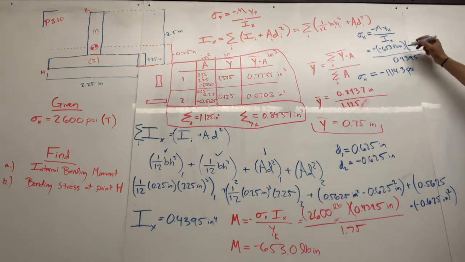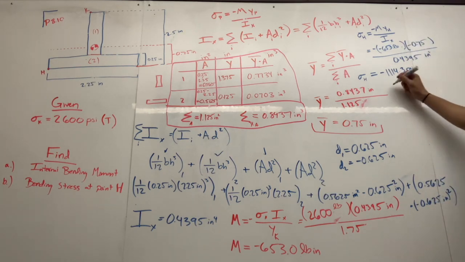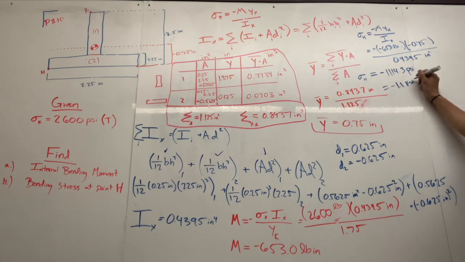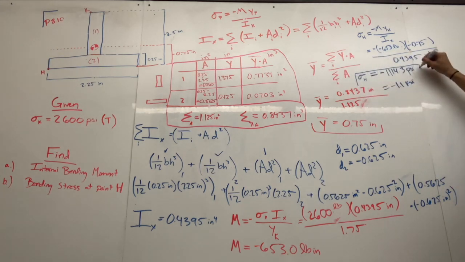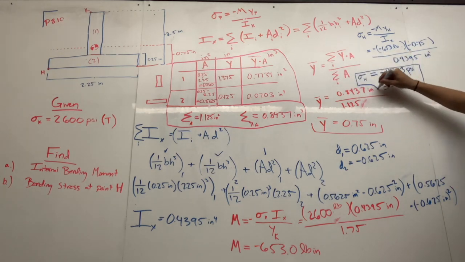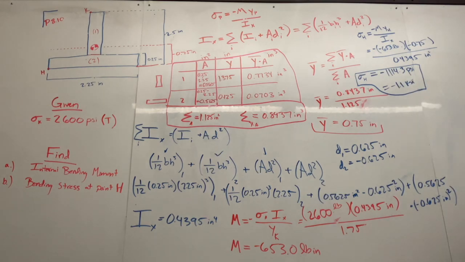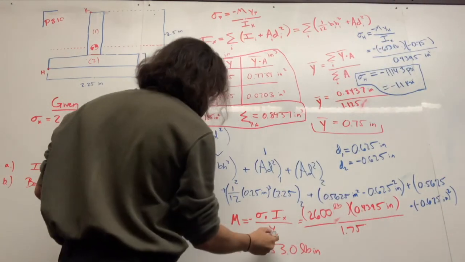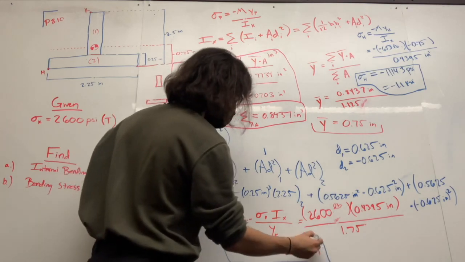We see inches, 2 inches in the numerator, 4 in the denominator, so these all go away. You're left with inches squared, pounds per inches squared, psi. And then that also equals like 1.1 ksi. So this is your answer for part B, and then this would be the answer for part A.